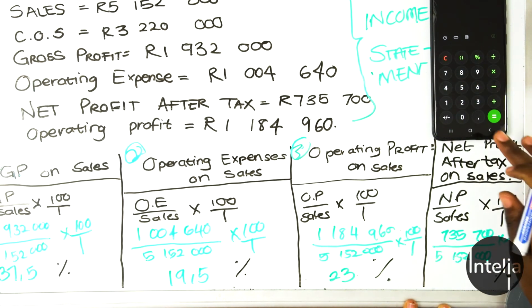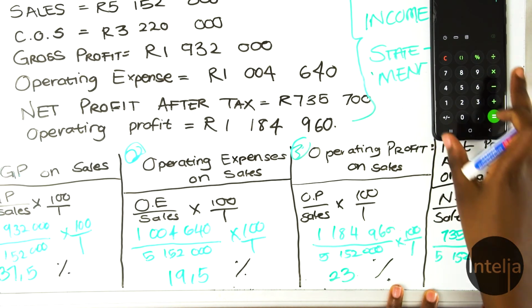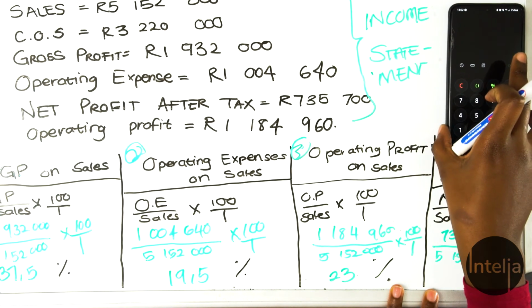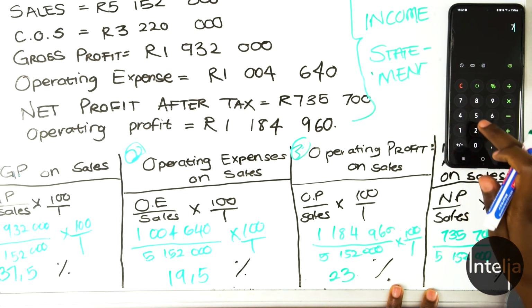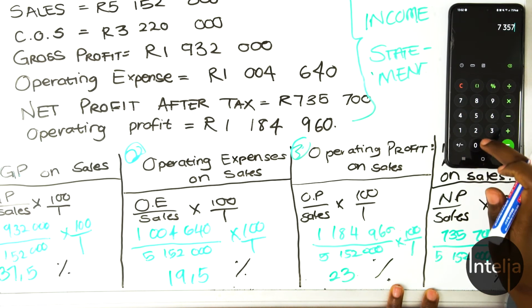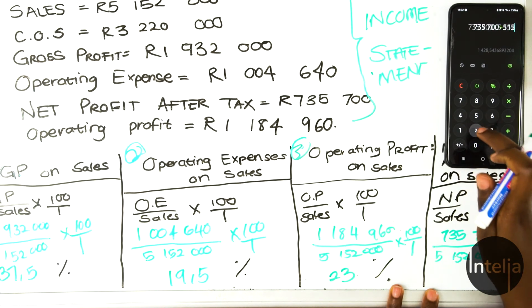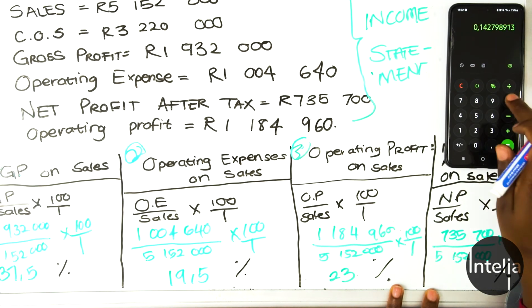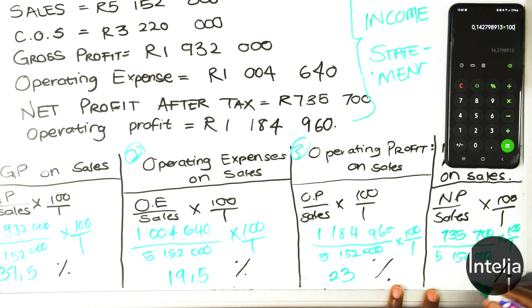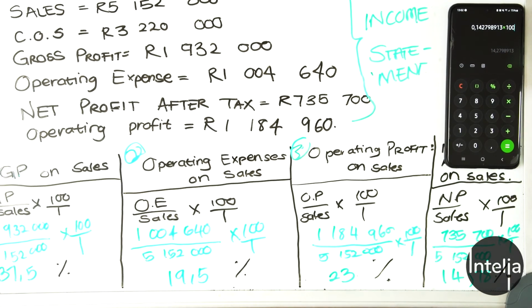So we clear it and say 735,700 divided by 5,152,000, equal to, multiplied by 100, which will give us 14.28%, which when we round it off will be 15%.